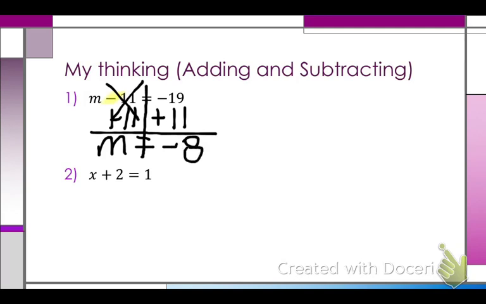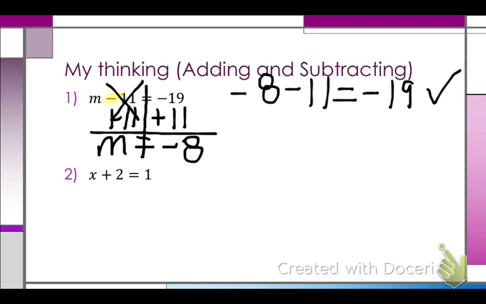So m equals negative 8. And we should always get in the habit of checking our answers. So if m equals negative 8, that means if I plug it back in, negative 8 minus 11, does that equal negative 19? Yes. So we know we got this correct.